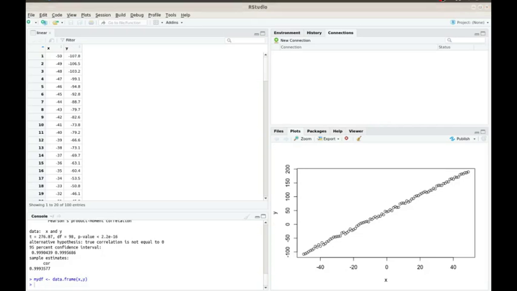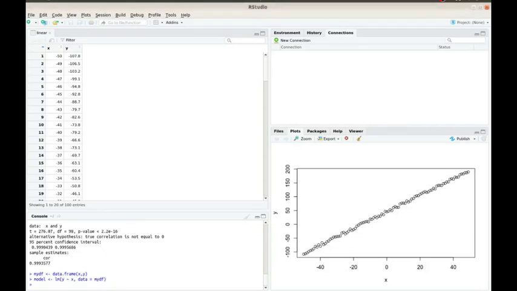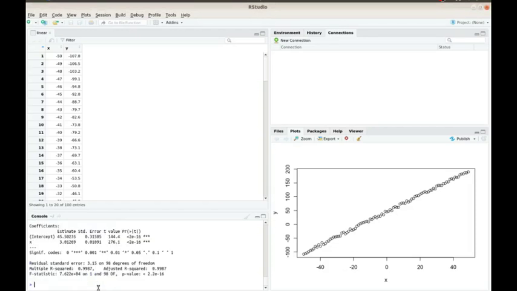and do a linear model of y against x, which is y tilde x. I give that a model, and then I do a summary of that model, and you will see that the p-value is pretty well 0, which indicates that the data is a good fit.